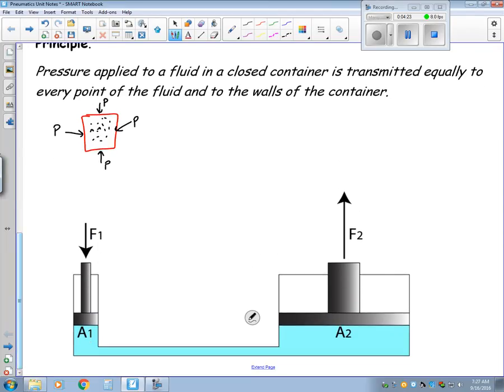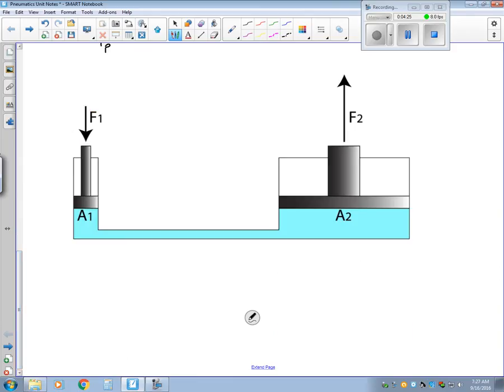We can apply it to lifts. So let's say I have a different kind of container, one with movable walls. So here on this side, F1 and A1, I have a piston which I can push down. And when I apply this force on this piston, that generates pressure, because pressure, so let's say P1, is force F1 divided by area 1.